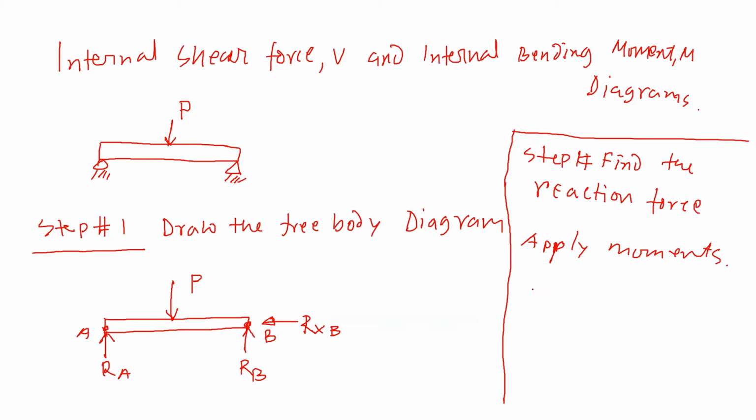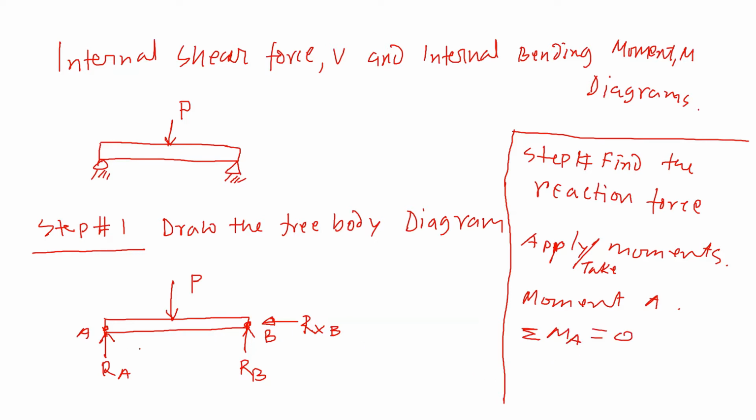So let's take moment at the point A or B. So if we take moment at A, and then nothing is moving here, so summation of all moments at A is 0.